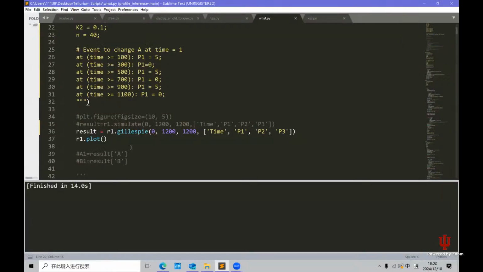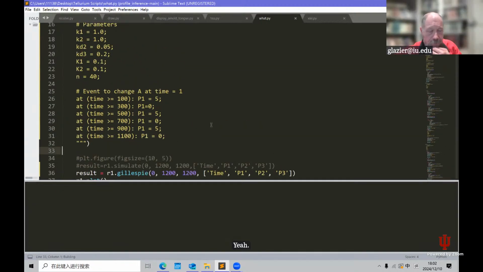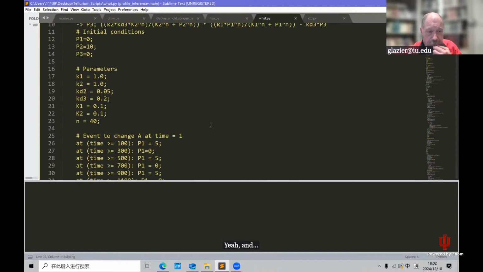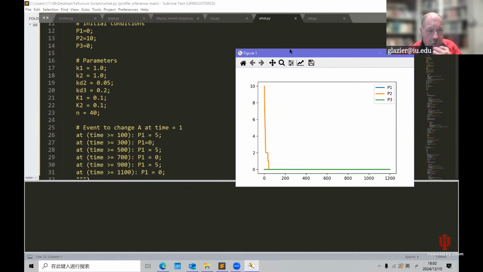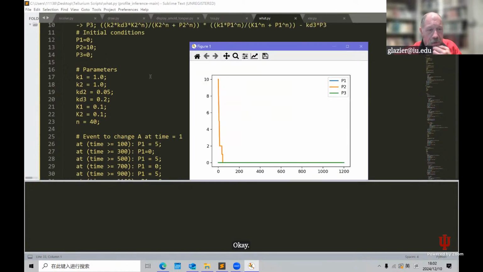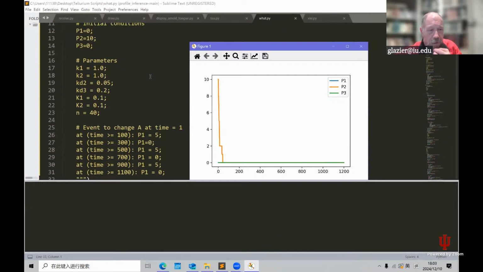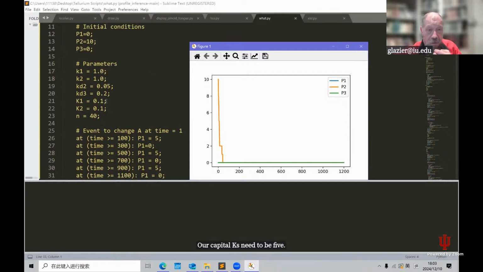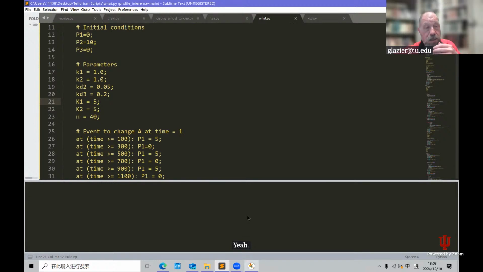The Gillespie simulation. Yeah. What did it do? Okay. So let's see what we're going to have to change. Our capital K's need to be 5, all of them, both of them, because that sets the scale.